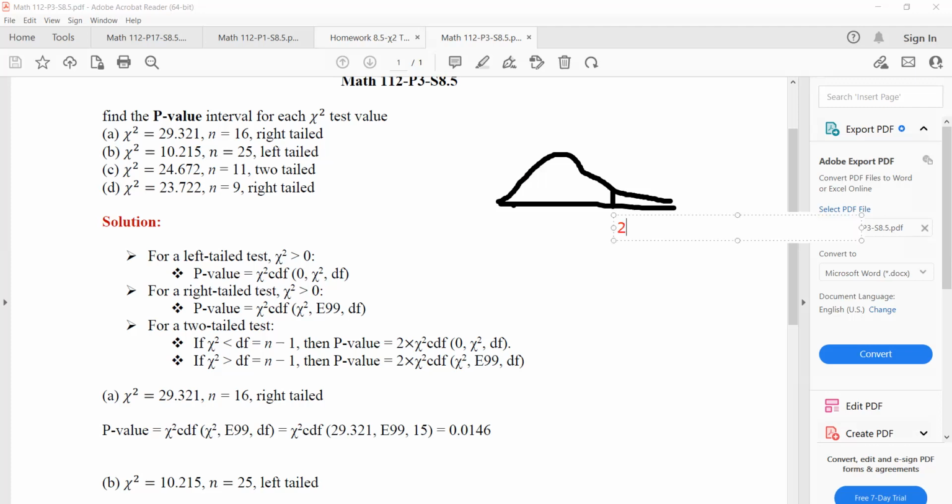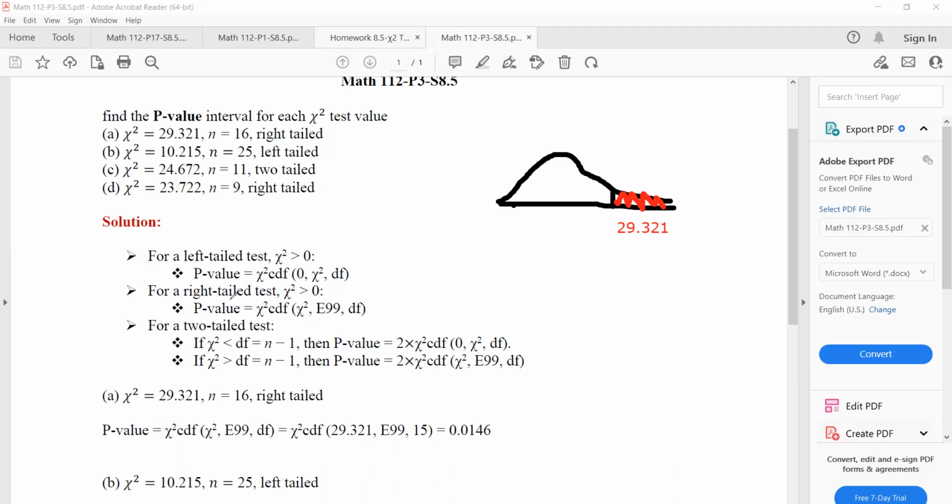I'm looking at this, and remember, my p-values are associated with the area in my tail. So I'm really looking at this area. Now, if I want area under a curve for chi-squared, then I'm going to use chi-squared CDF. And for a right tail, I'm looking at the second bullet.